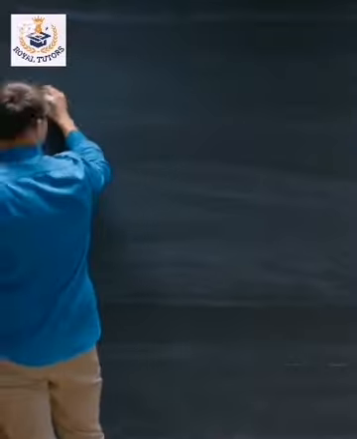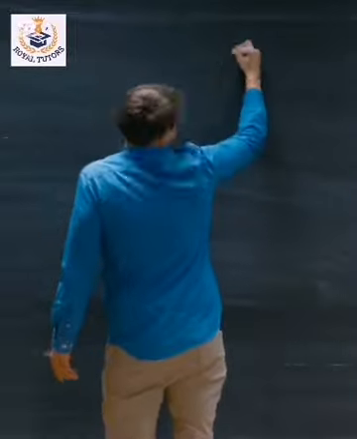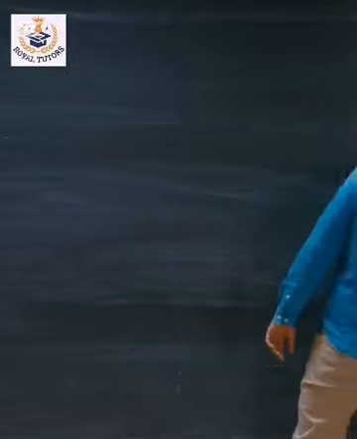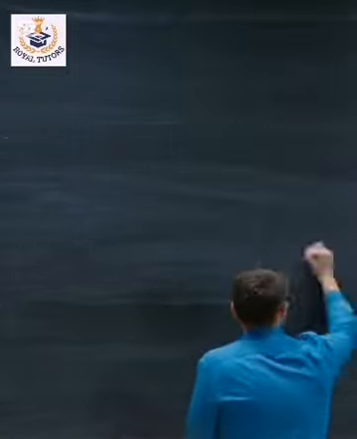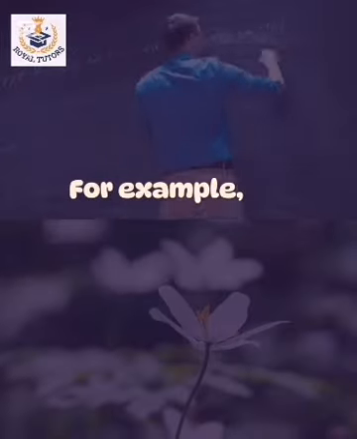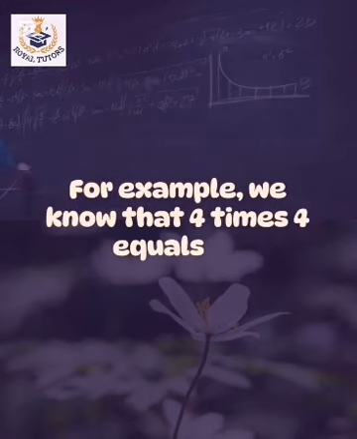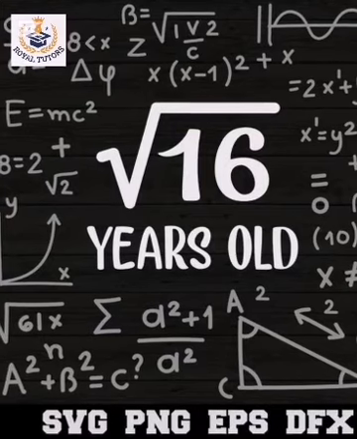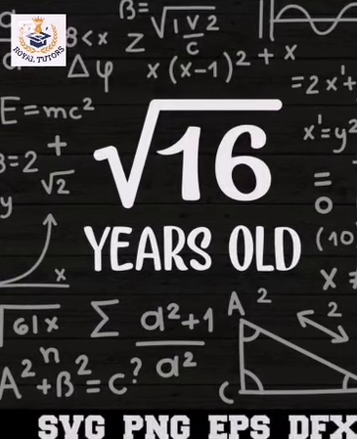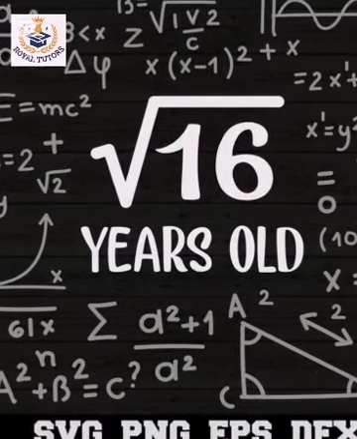The square root of a number is a number that, when multiplied by itself, gives the original number. For example, we know that 4 times 4 equals 16. So the square root of 16 is 4.